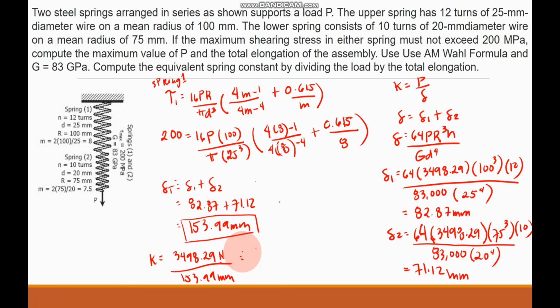So, the spring constant is equal to 22.71 or 22.72 Newton per millimeter. So, this is the spring constant K.